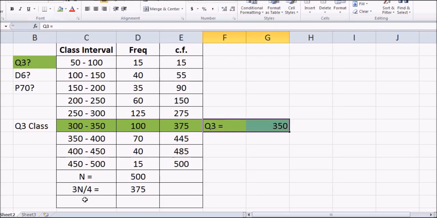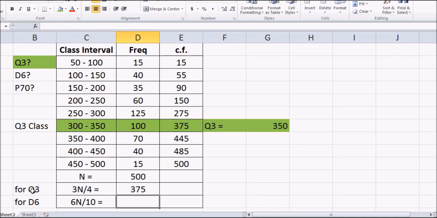Okay, so next I need to find D6. For D6, I need to find the 6n by 10th data.